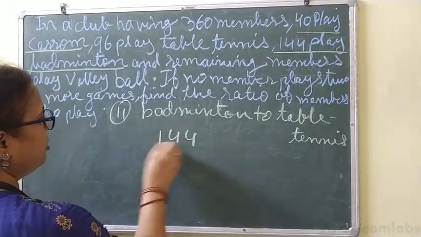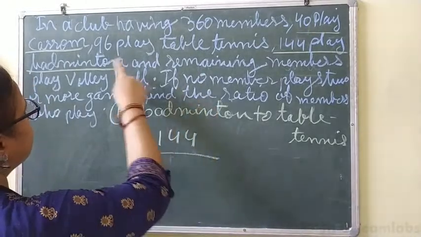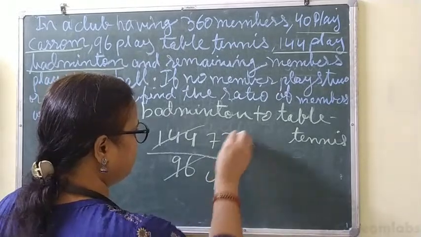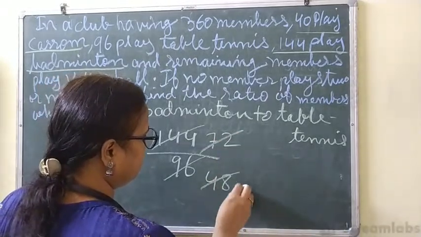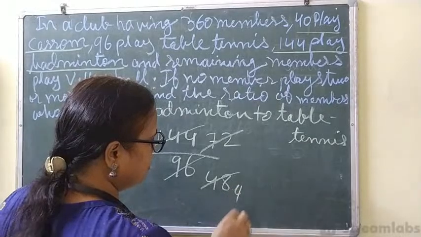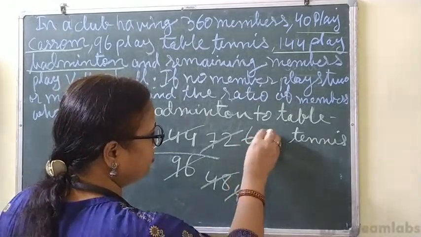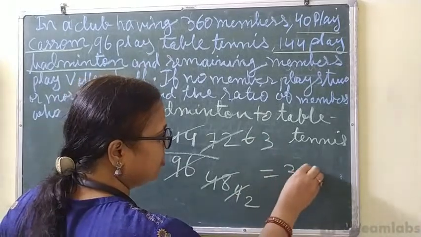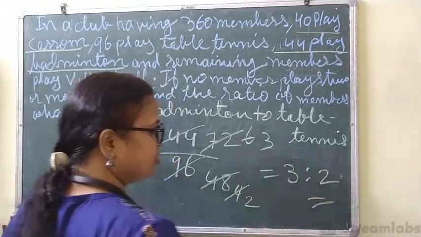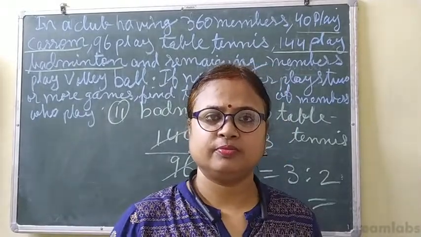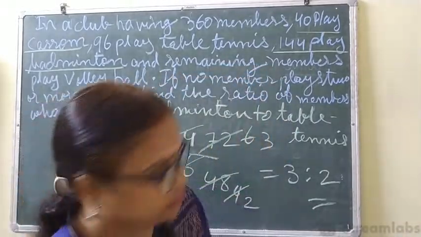So 144 and table tennis 96. 12 fours are 48 and 12 sixes are 72, and 2 twos are 2, 2 threes are 6. So answer will be what? 3 is to 2. So answer will be 3 is to 2. Okay. Now next one.